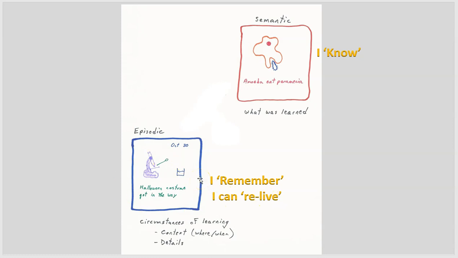We have the feeling of transporting ourselves back in time, with the richness of the details and the context. Whereas for semantic memories, we say things like, I know something. I know about amoeba and paramecia, but I really don't remember when and where I learned it. So semantic memory is all the stuff we know about the world, but we don't remember the circumstances of learning.